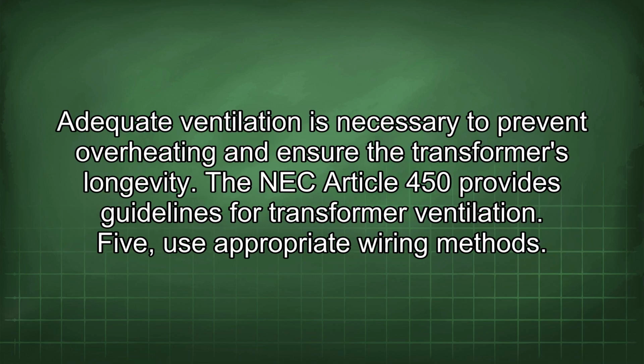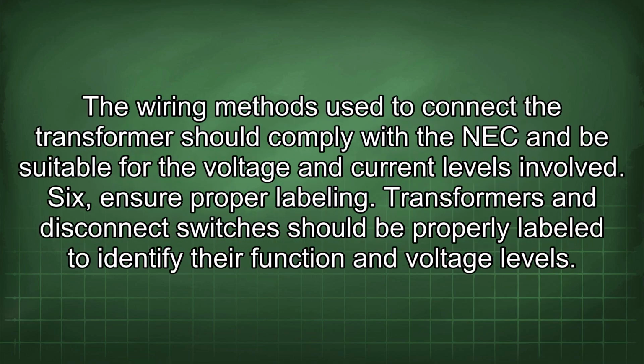Adequate ventilation is necessary to prevent overheating and ensure the transformer's longevity. The NEC Article 450 provides guidelines for transformer ventilation. 5. Use appropriate wiring methods. The wiring methods used to connect the transformer should comply with the NEC and be suitable for the voltage and current levels involved.